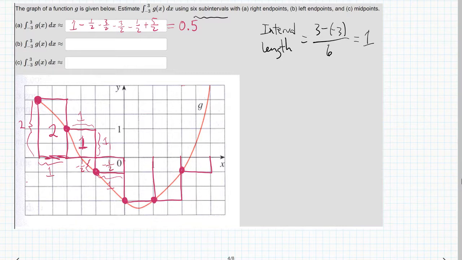Our next one, we get -3/2, get -3/2 again, and then we get -1/2, I'm sorry, once more. So adding all these up, notice we get 2 plus 1. Then it goes -1/2, -3/2, -3/2, and then -1/2.